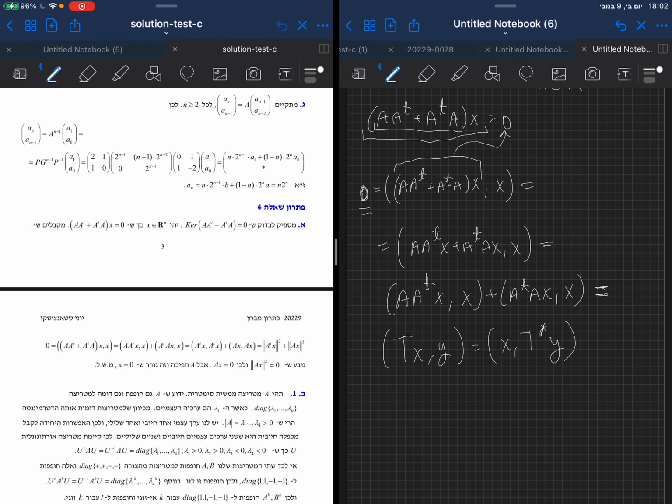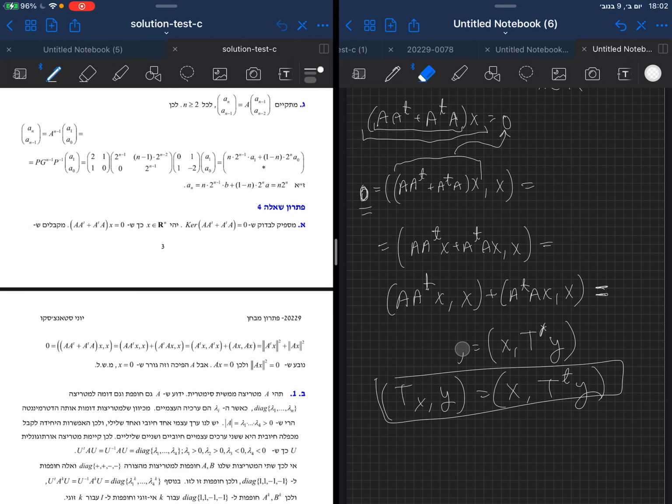This is in the complex, and in the reals, I can say that <Tx, y> equals <x, T transpose y>. This is the definition of the conjugate transpose in the real case, and we are in the real case because by the definition of the question, A is real. Therefore, I can use it.